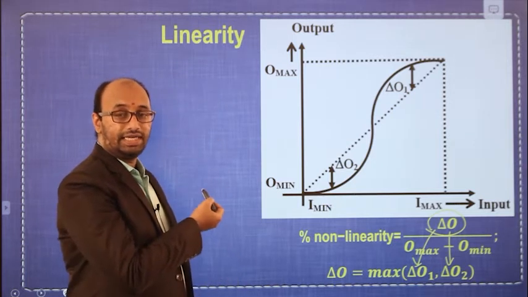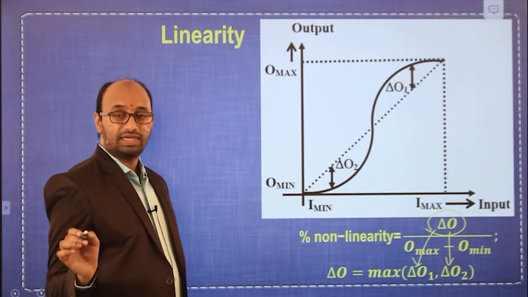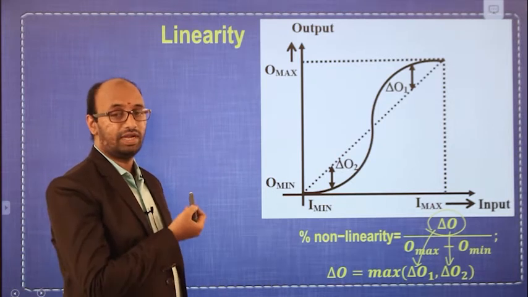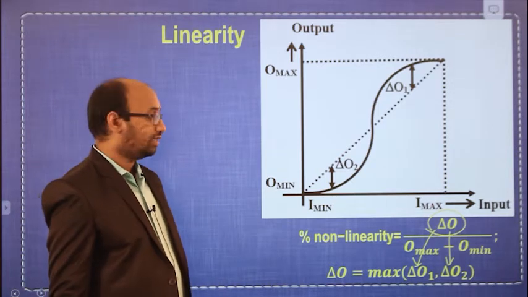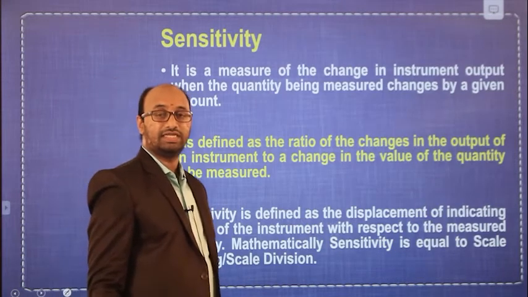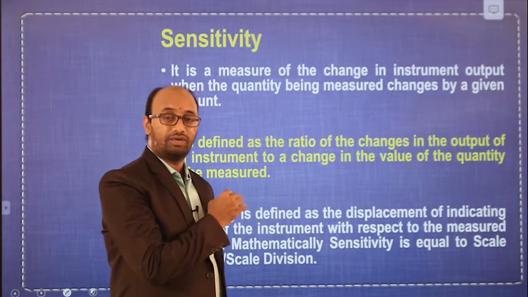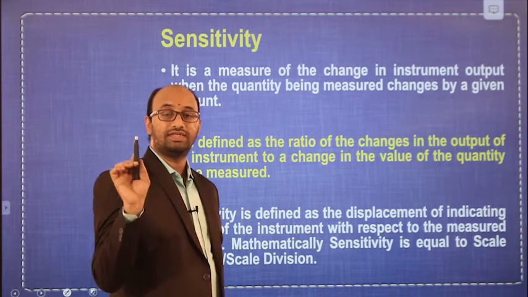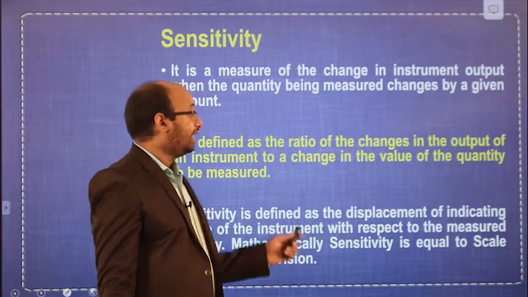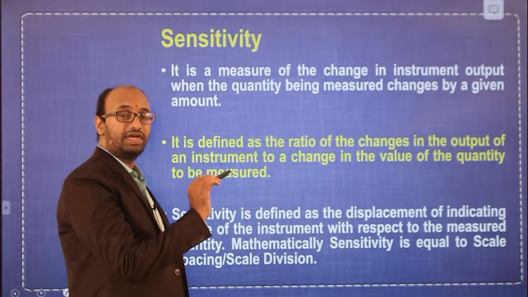Linearity is a desirable characteristic of a measuring instrument. All measuring instruments are expected to be linear. This is a desirable and important characteristic of the instrument. And the next important characteristic is sensitivity. This is also very important and desirable, so instruments are expected to have high sensitivity.